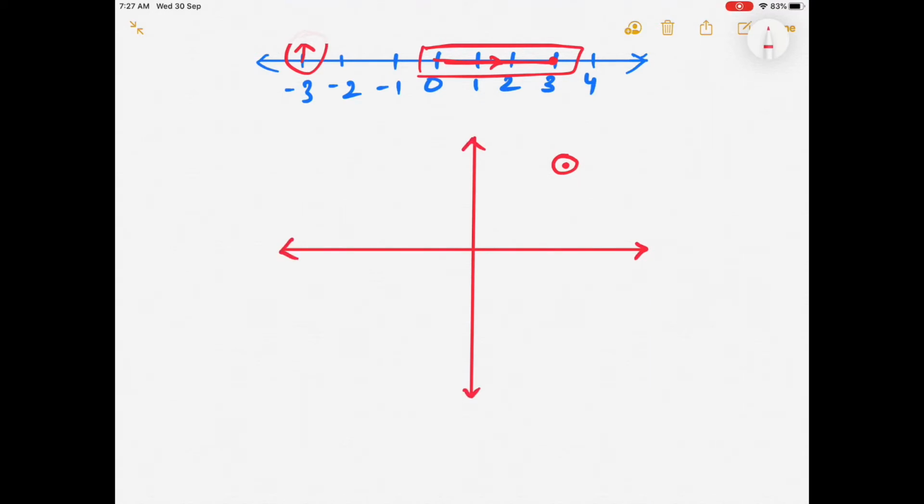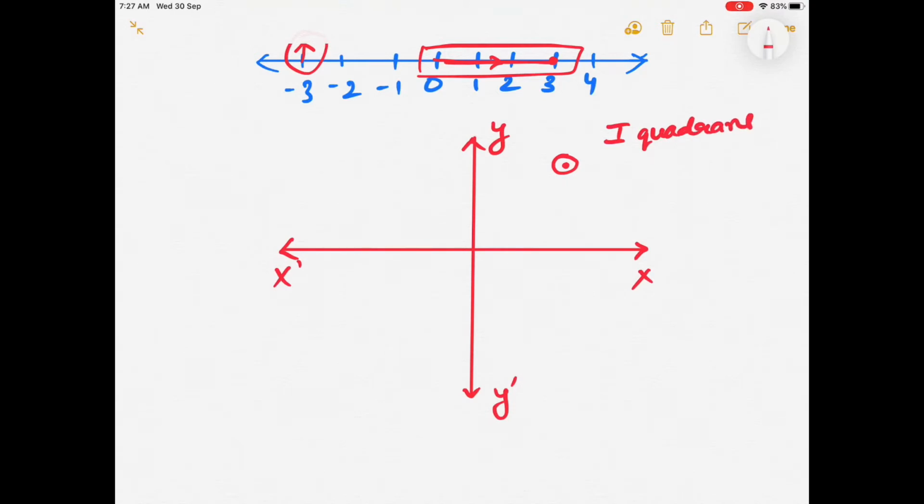We mark it as x-axis and x dash, because the left side of the origin is termed as the negative side, so we will refer to it as x dash, and this is the y-axis and this is y dash. So this is our first quadrant.